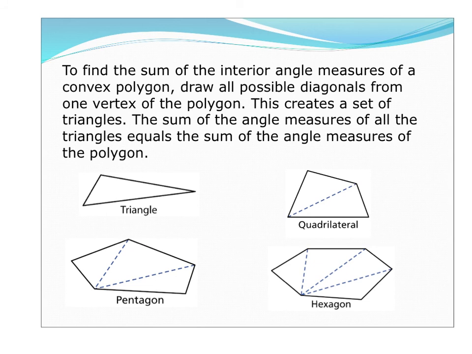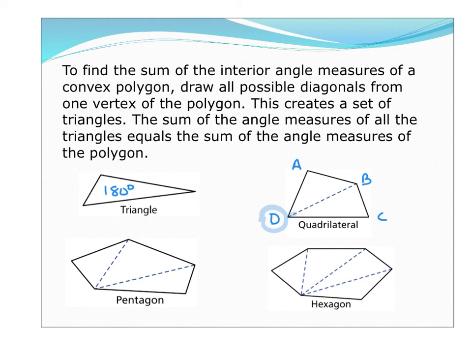So for example, notice for my triangle, I can't draw any diagonals there because there aren't any two non-consecutive vertices that I could connect. So we know that it's only forming one triangle, so the sum of these 3 angles of this triangle is 180 degrees. For quadrilaterals, notice if we put in some letters here, A, B, C, D, and I pick one of the vertices, so here they chose D, and then you try to draw in as many diagonals as possible.